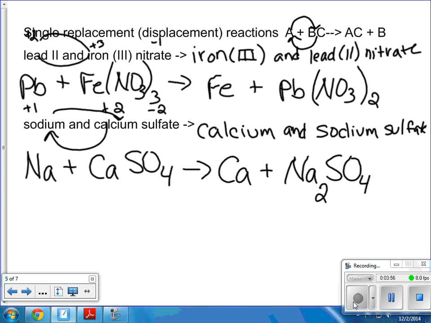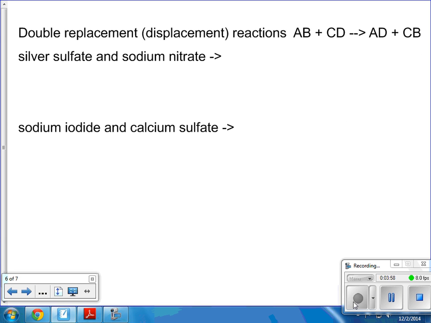Our next type are double replacement reactions. We essentially do the same thing. A is going to come over here and replace C. C is going to come over here and replace A. So we're just trading spots. We have to make sure that positive switches with positive or negative switches with negative. So we have silver sulfate and sodium nitrate.